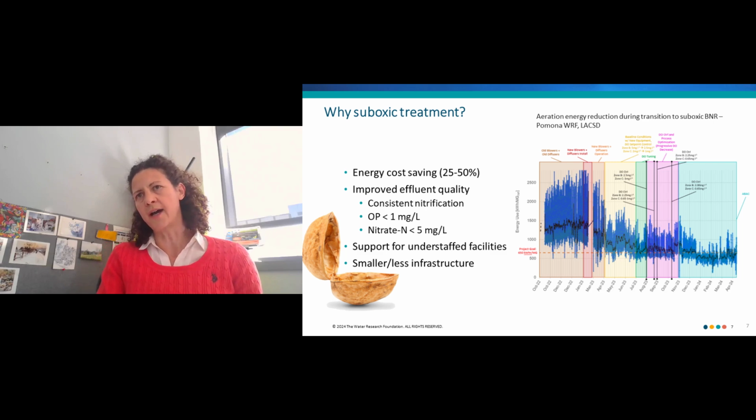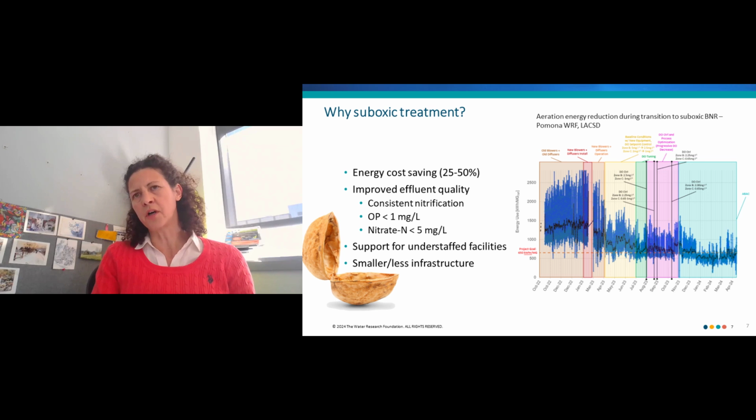I just want to highlight that this graph really greatly shows energy savings that low DO and suboxic treatment can achieve, just about 30%. From where we started out, about 1,500 kilowatt hours per mg treated to less than 500. That was a great saving, even more than what I've shown here, 25 to 50% cost savings.